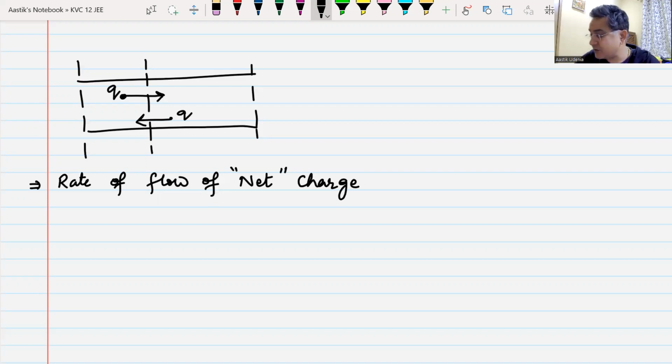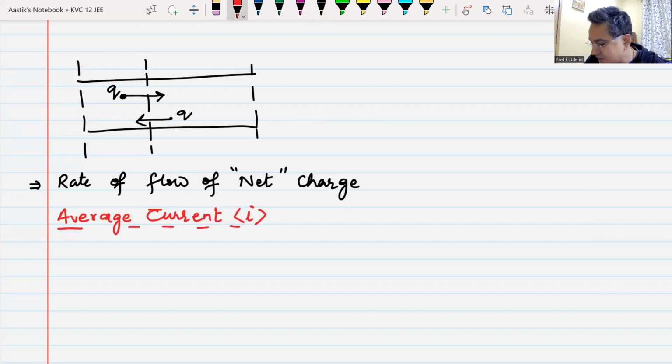Now, whenever we talk about current, we might talk about 2 types of current. The first type of current is known as average current. Average current I average, similar to what we had seen previously in chapter number 1, which I think you are revising these days. Average current is exactly the same as your average velocity.